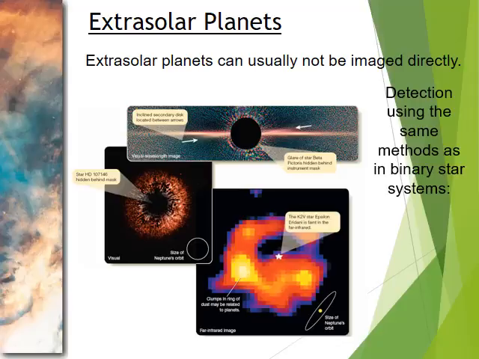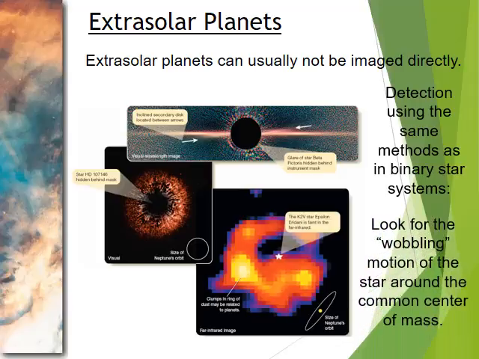One problem is that for extrasolar planets, it's tough to see them directly. You can't just see an individual planet around another star, because first of all, the star is far, far away. Even our next nearest neighbor, apart from our own sun, is Proxima Centauri, which is like 4.3 light years away. So at that distance, even the star itself is very, very small.